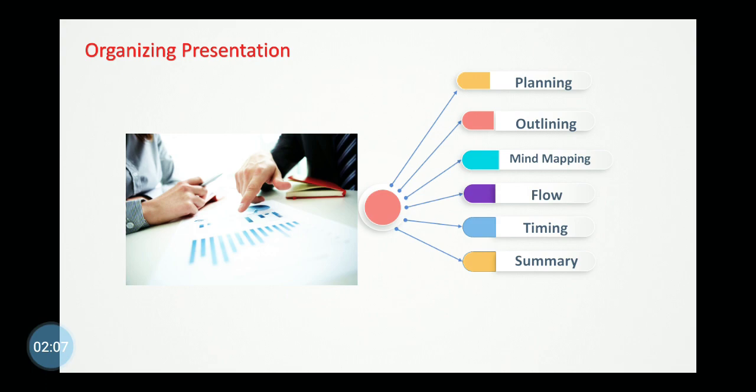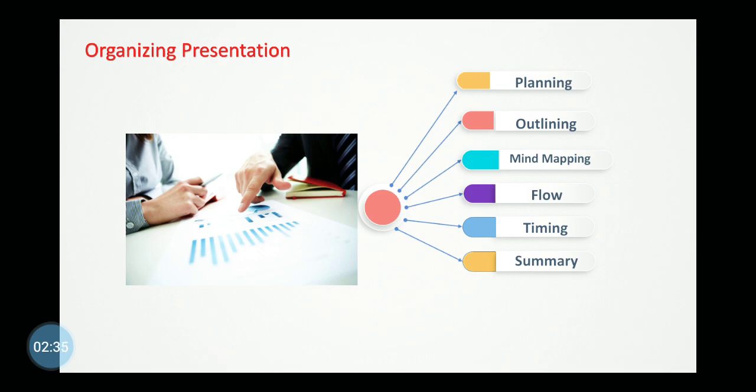Next is organizing presentation. Here are the stages for making the presentation successful. Number 1 is planning. Once we decide the topic of presentation, the planning starts. Then it is said that if we fail to plan, we plan to fail.